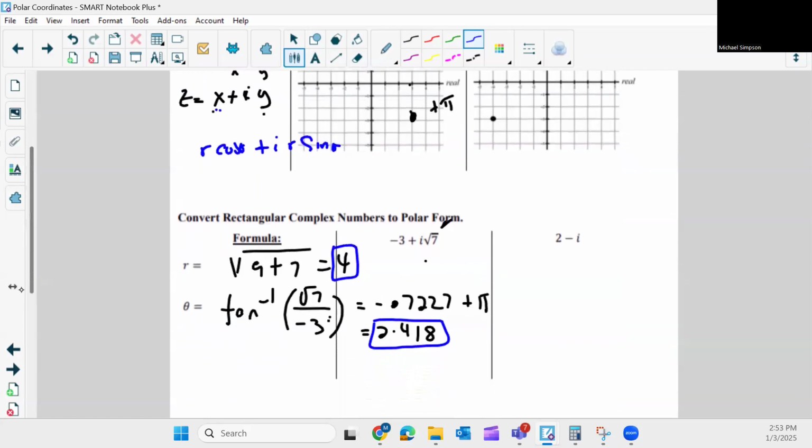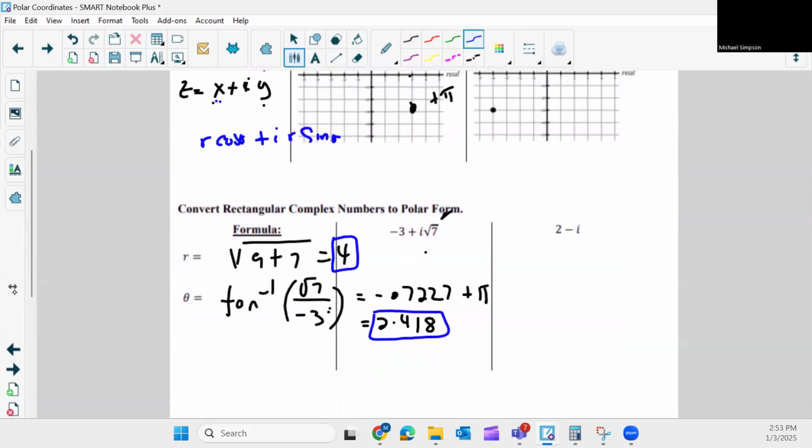That's going to give me r is 4, cosine of the angle 2.418, plus i times 4 sine of the angle 2.418. And that's it.